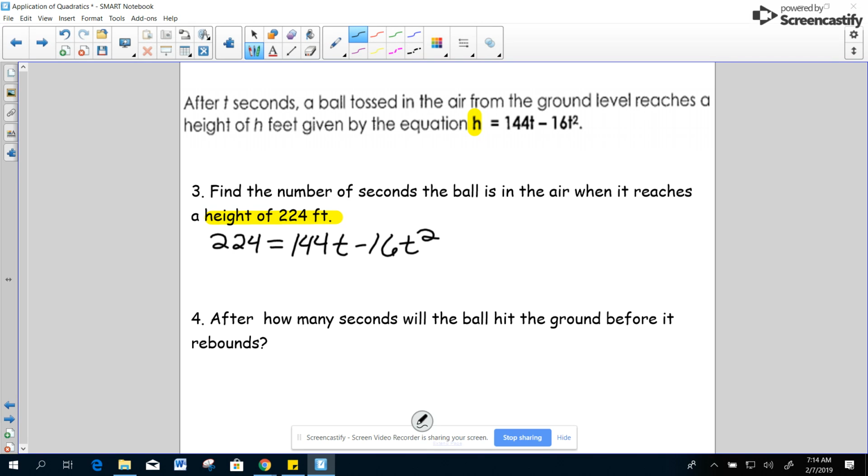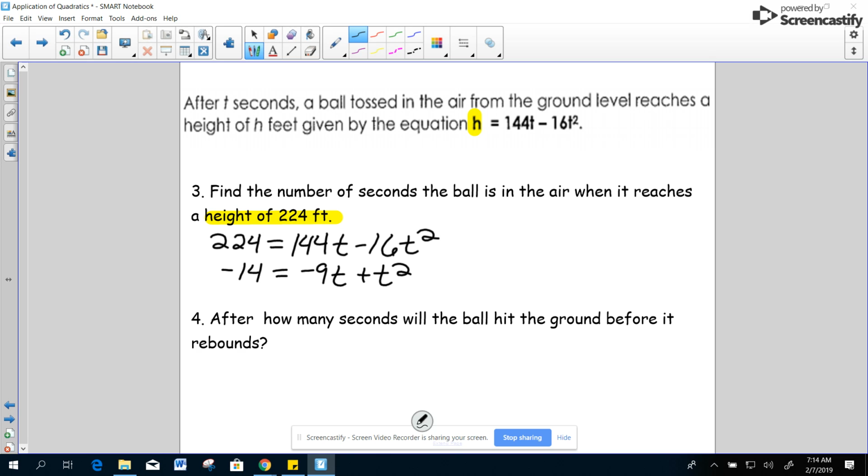Those are quite large numbers, so if at all possible, I would like to reduce, noticing that -16 should come out of each of these. We are left with -14 equals -9t plus t squared.